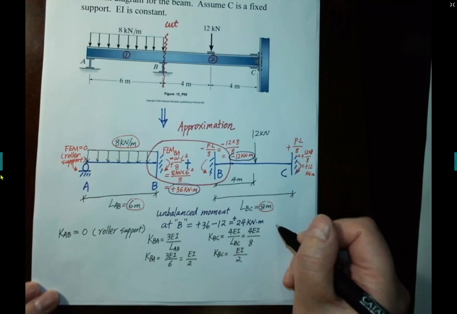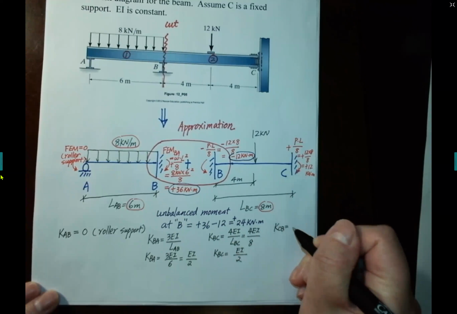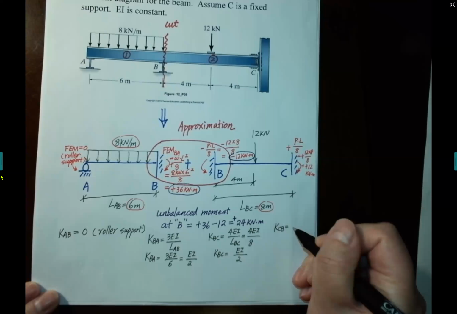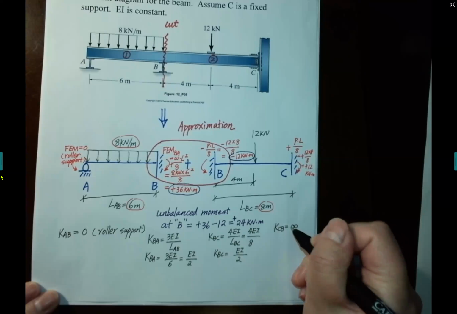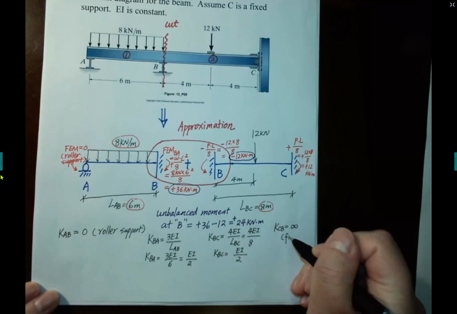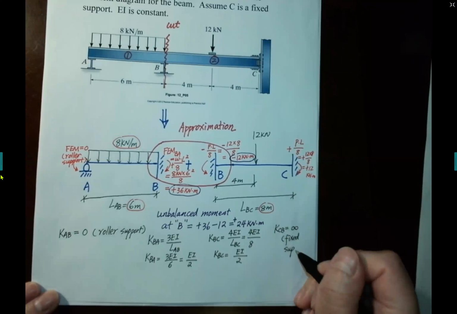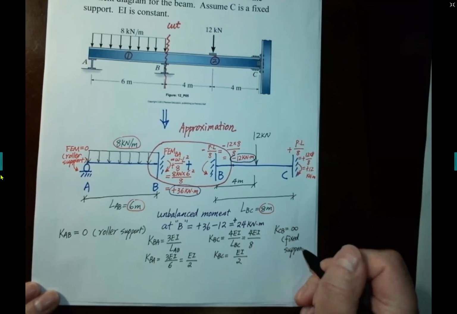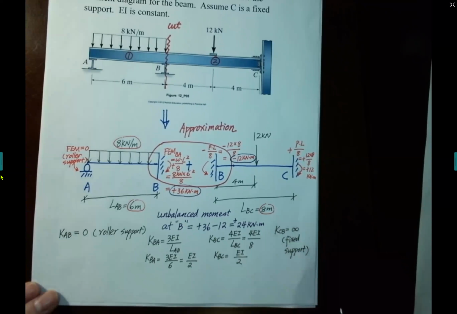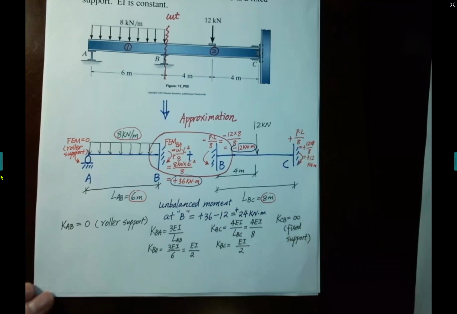Then to the C side, KCB equals to infinity because the original structure is a fixed support. So now we get the stiffness at each joint.